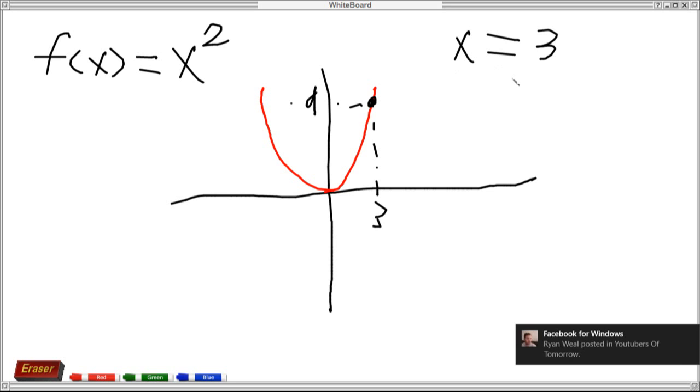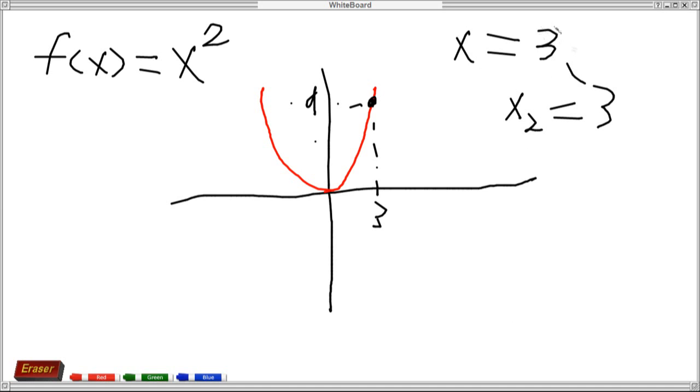Let's say for example that x2 is equal to 3, that's your same deal here, and x1 is equal to 0.